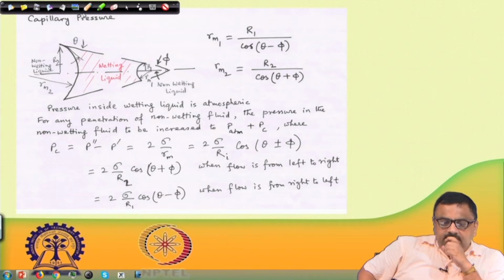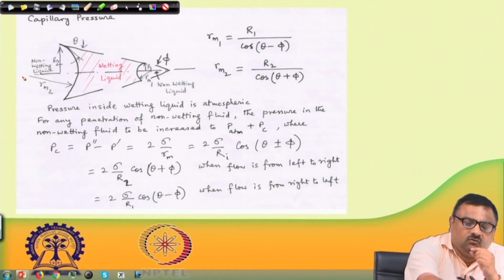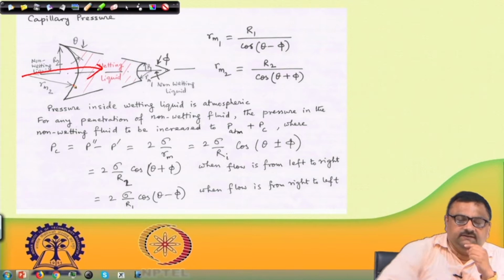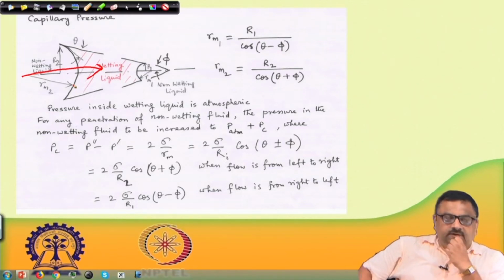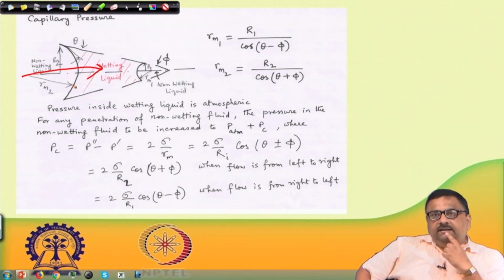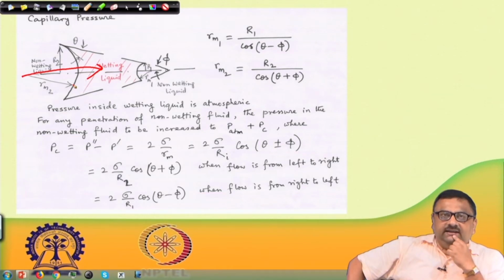Suppose a fluid, let us say oil, enters into this phase. I want oil to go into this phase from left to right. So in that case, since the radius is more, the capillary pressure would be less, right.